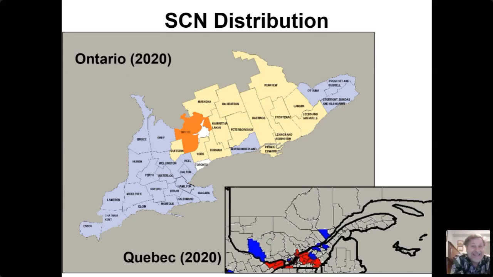The situation in Ontario and Quebec: with Ontario at the top, you can see the southwestern and eastern southern Ontario are where SCN is present. Northumberland kind of sticks out, being coastal with Lake Ontario. The observations were that SCN came across Essex this way with the land border, and then also this way through New York State to Ontario, and then up the St. Lawrence Valley into Quebec.